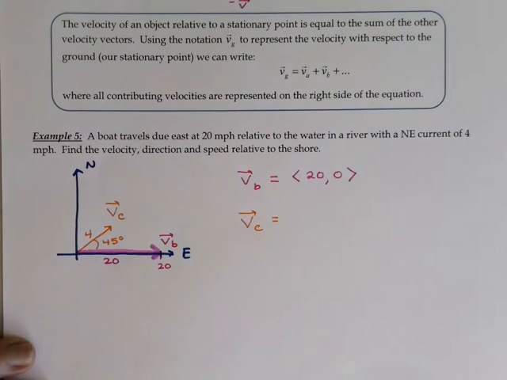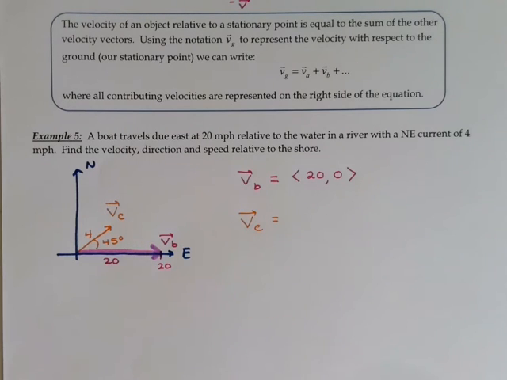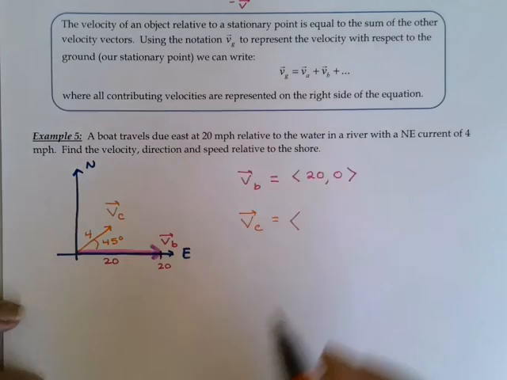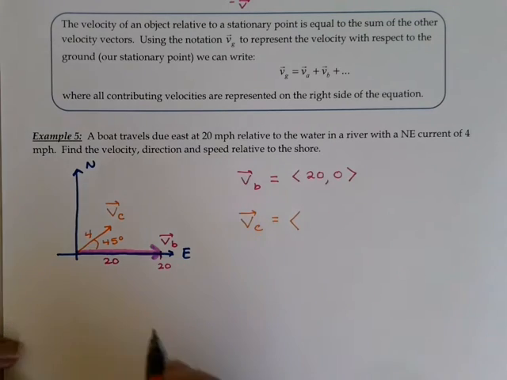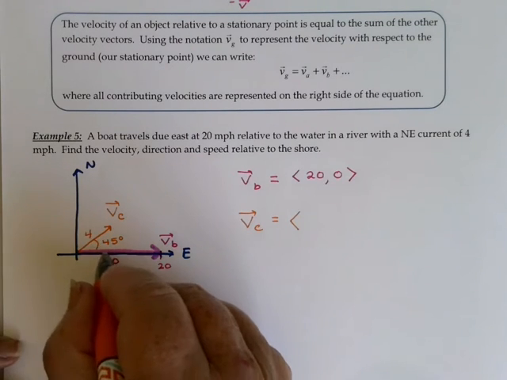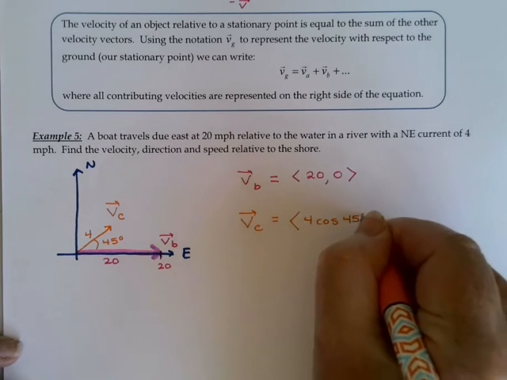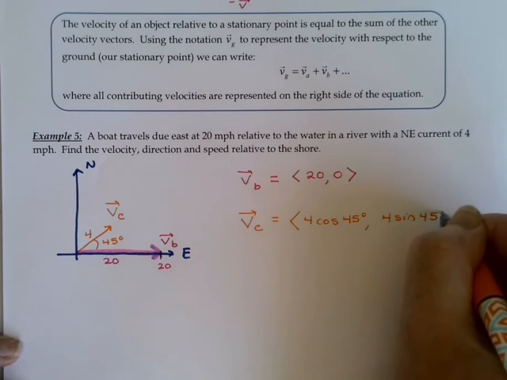The velocity vector for the current, I'm going to go ahead and use my v1 cos theta and v2 sine theta. Excuse me, I said that wrong. v1 is the magnitude of v cos theta, and v2 is the magnitude of v sine theta. So in this case, it would be 4 cosine 45 degrees and 4 sine 45 degrees.